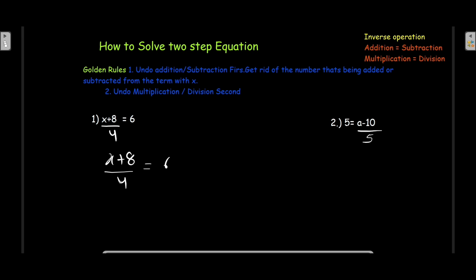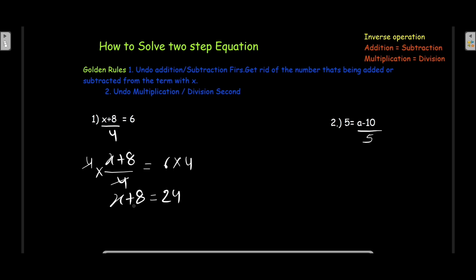To undo this 4, I'm going to multiply this side by 4, and this side is also by 4, because whatever we do to one side, we have to do the same to the other side. So here 4 and 4 will be cancelled out. So x plus 8 is equal to 6 times 4, which is 24.